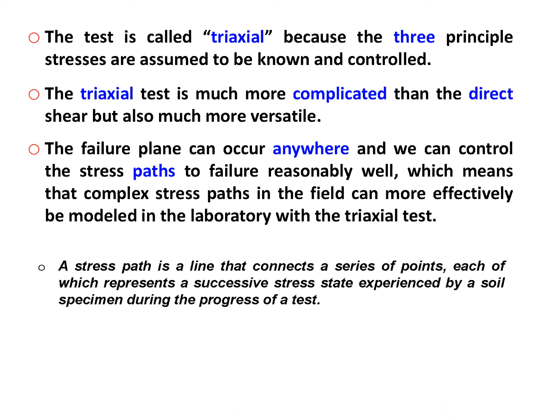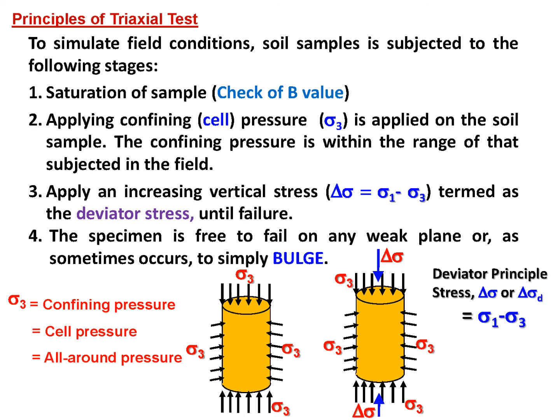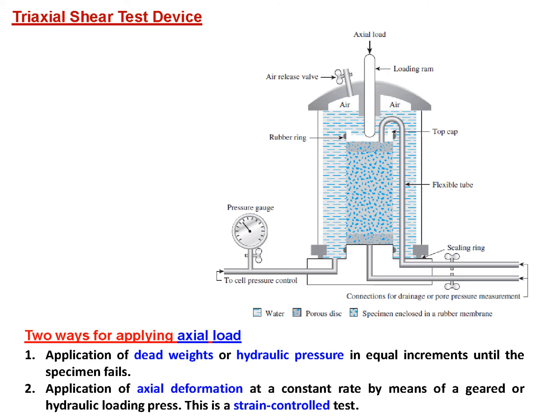And then you can see the triaxial test. The triaxial test is a very, very important test, so it has been discussed in detail. Here I would like to mention the two ways for applying axial load in the triaxial shear test.